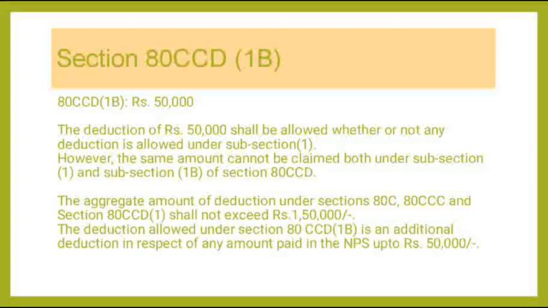That means the life insurance premium, the repayment of amounts borrowed for housing purpose, the GP fund, the SLI, the tuition fee, national savings certificates, ULIPs, mutual funds, equity shares, debentures, and Jeevan Suraksha policy or contribution to NPS under section 80CCD subsection 1, this will not exceed rupees 1,50,000. However, the deduction allowed under section 80CCD subsection 1B is an additional deduction in respect of any amount paid in the NPS up to rupees 50,000.